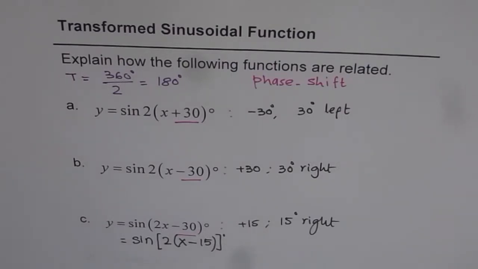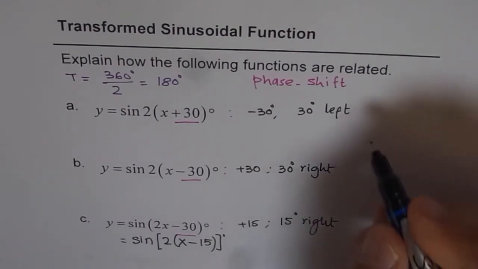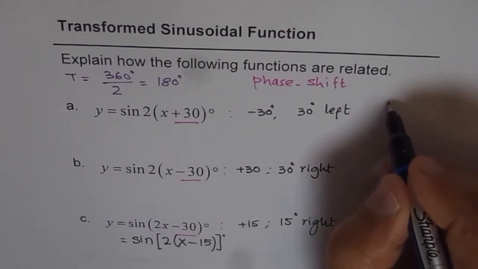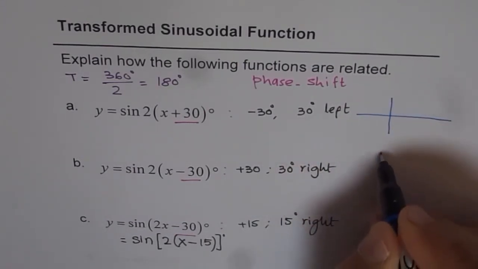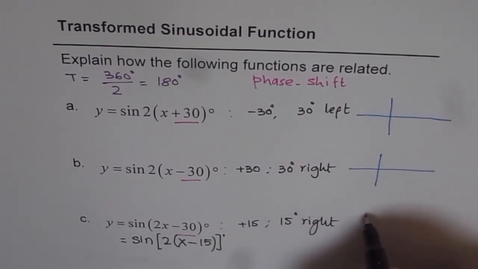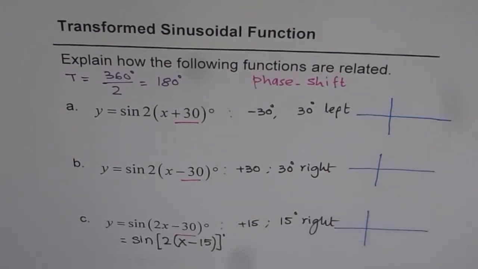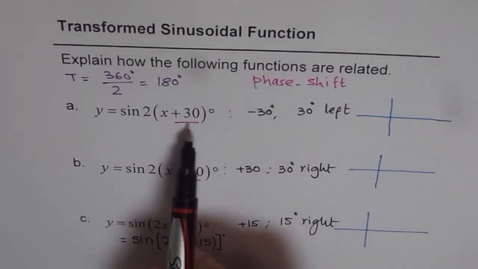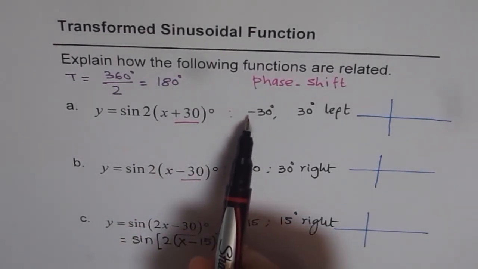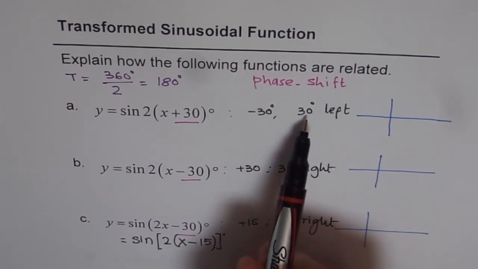Now when you sketch these functions, how are they going to look? Let me sketch each one of them here so that we can appreciate the difference between them. In the first case, the sine wave actually starts earlier, at minus 30. Do you see that? That is earlier, shifting left by 30 degrees.